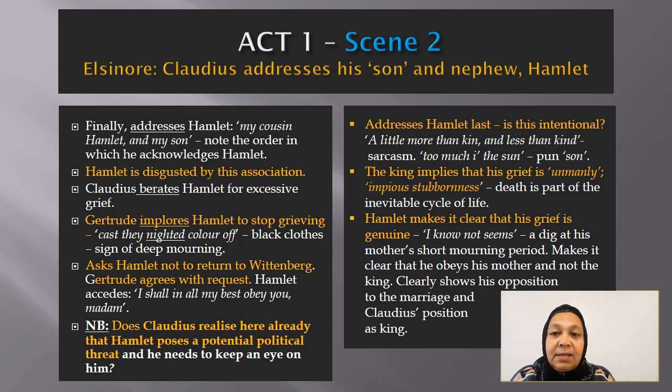Does he realize or feel at this stage that Hamlet could pose a potential political threat to his throne, and it is a matter of keeping his enemies closer? And that is something that, once again, you, the audience, have to figure out or decide for yourself. We do know that Claudius is extremely manipulative, and remember, he has to keep one eye over his shoulder because of his deed against his brother.